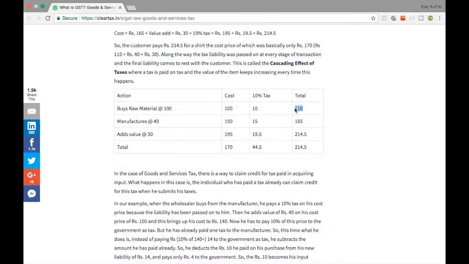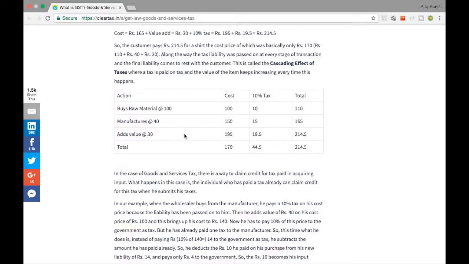The manufacturer bought the raw materials at 110, he manufactured the product and he is now selling at 150, so he has a profit of 40 rupees. Now the tax he has to pay is 10%. 10% of 150 is 15, and the cost adds up to 165.